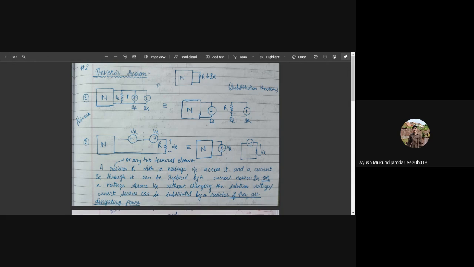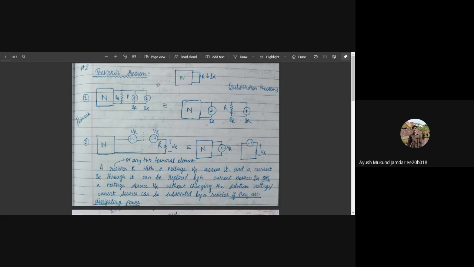We can remove those parts and connect the rest of the circuit with a wire, short circuited, and that's how we can replace it with a constant voltage source of VR. This can help us replace a resistor in any network with a voltage source or a current source such that it makes no difference to how the circuit has been arranged.